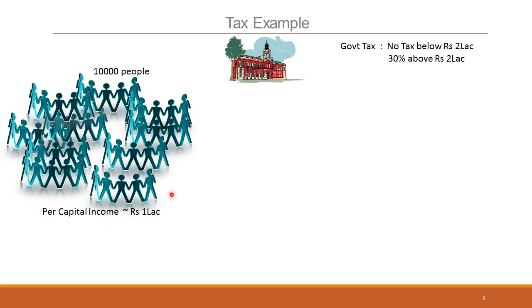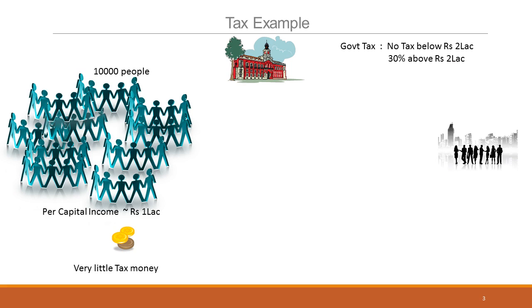Given that the average income is about 1 lakh, it is highly improbable that too many people will be above this 2 lakh bracket. So the amount of money that the government collects as tax is going to be pretty small.